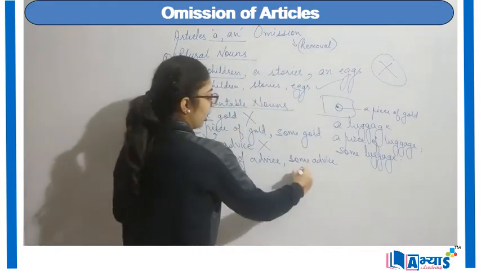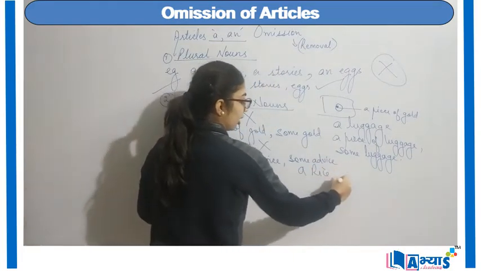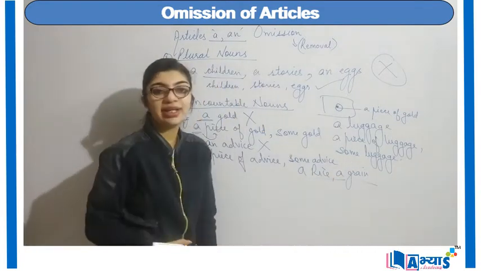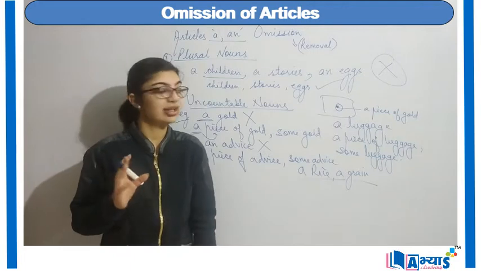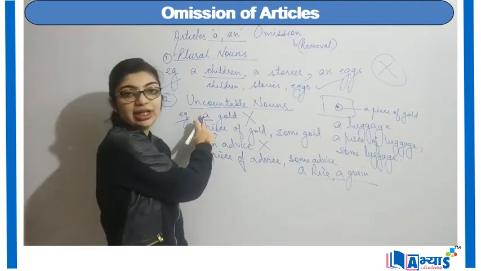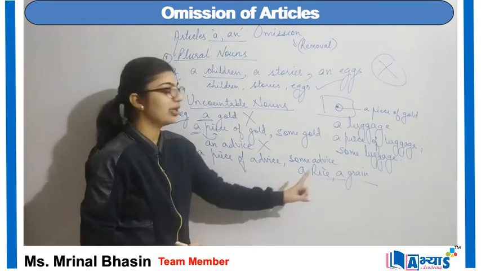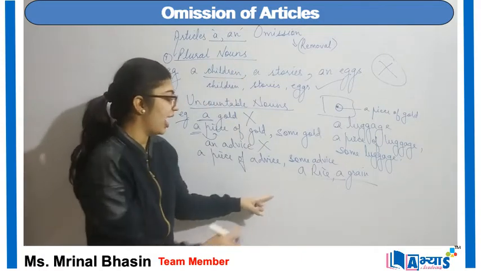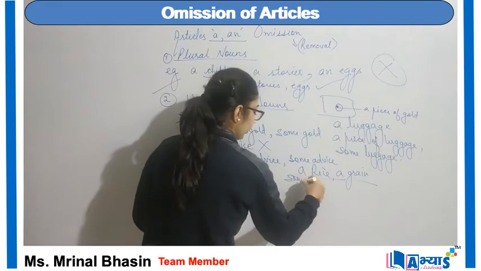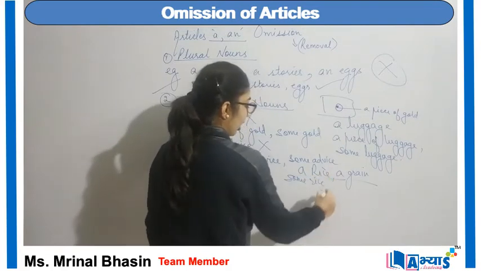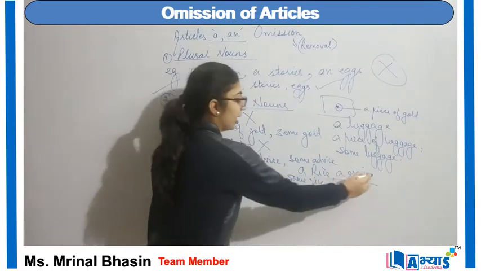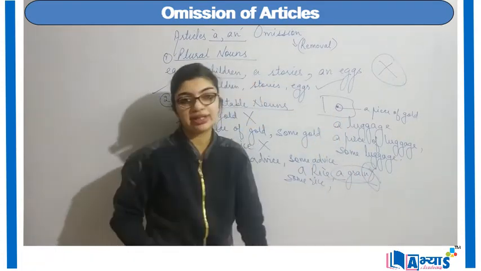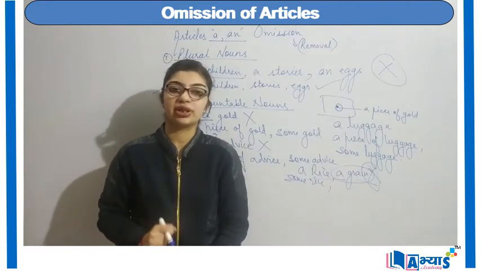Again, a rice, a grain. Whichever things are not countable are under the category of uncountable nouns. We will never make use of articles a and an. Instead, I can say some rice or a piece of rice. A grain, wrong. Some grain or a piece of grain.